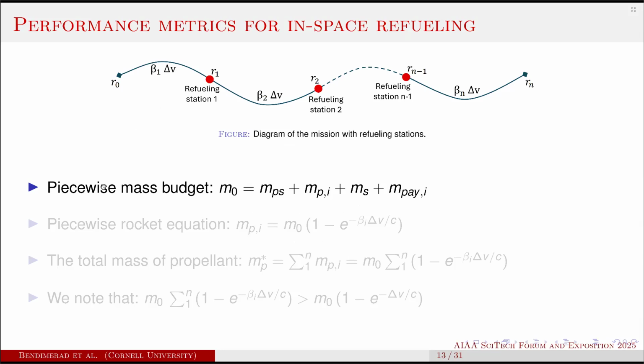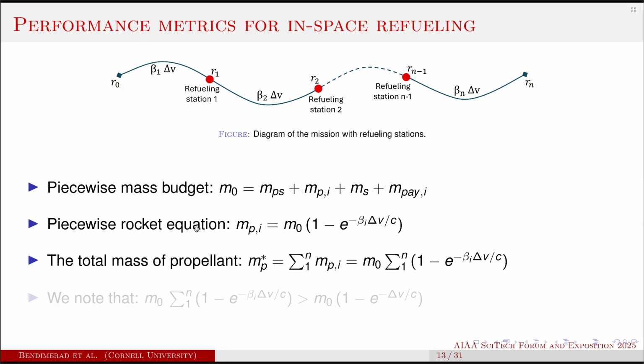So we apply a piecewise mass budget, where MPI here is the mass of the propellant required to achieve the segment I, and MPI is the payload mass that could be transported during the segment I. Then we apply a piecewise rocket equation, and we can get MPI, which is the propellant required for each segment.